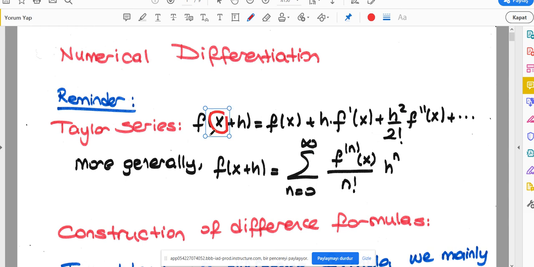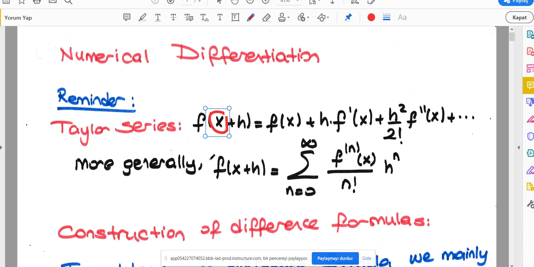Because in approximation theory, for consistency, we need to be sure our approximated scheme will be appropriate for the exact solution. For this reason, we are considering an exact solution, and taking just the first two, three, or five terms from it as the approximation. Okay, this is the thing.